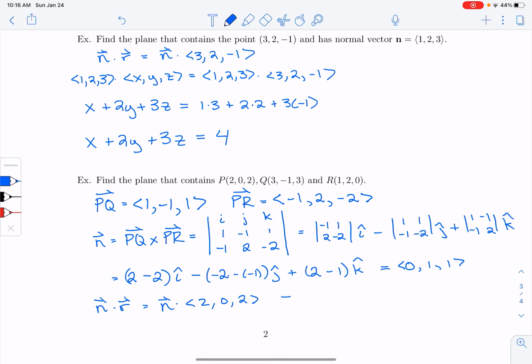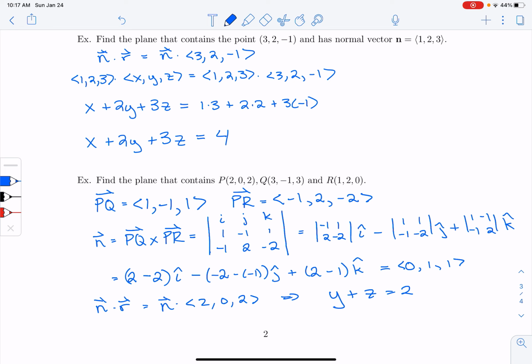So if we take our normal vector 0, 1, 1 and dot it with x, y, z, we're going to get y plus z. And if we dot 0, 1, 1 with 2, 0, 2, we're going to get 2. And so in fact, the equation of our plane is going to be y plus z equals 2. And that should contain those 3 points.